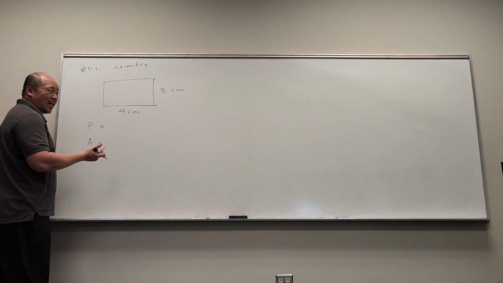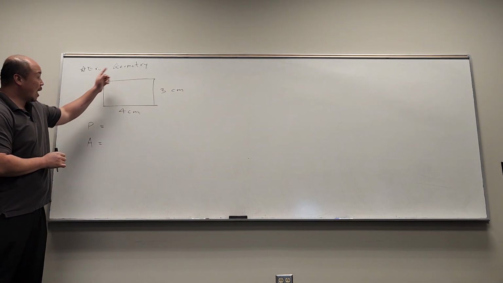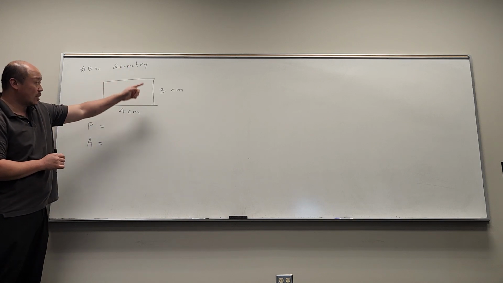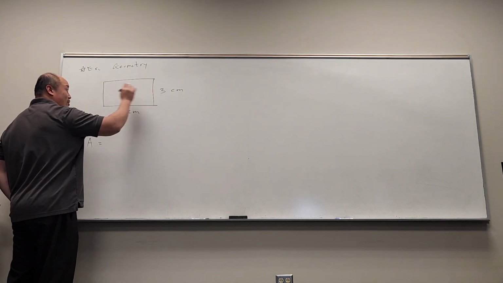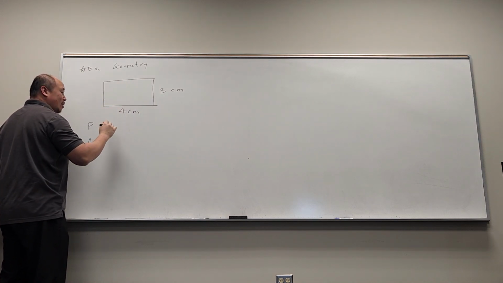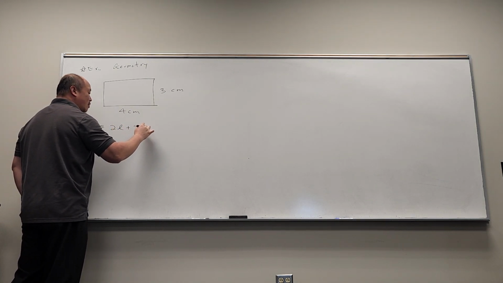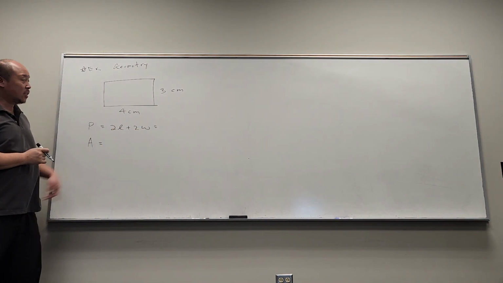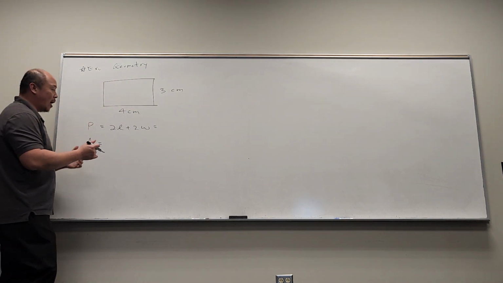The rectangle is pretty easy because the perimeter is always the outskirts, the outside of everything. So in this case, you have 2 3s and 2 4s. That's 2 times length plus 2 times width. Basically, double the 3, double the 4, add them together.